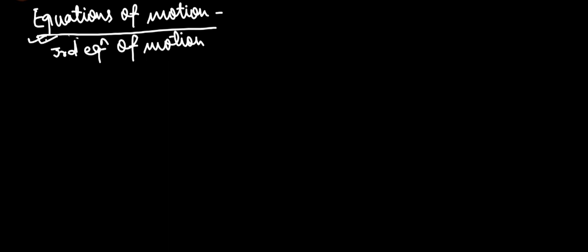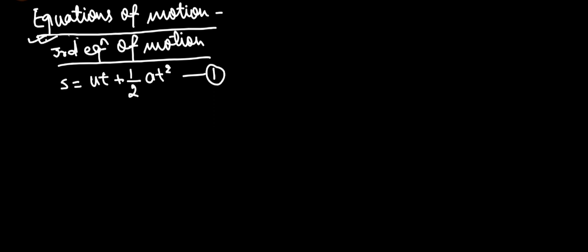Students, we have studied now the second equation of motion, that s equals ut plus half at square. Let us consider this as equation 1. And we know from the first equation of motion that v equals u plus at.